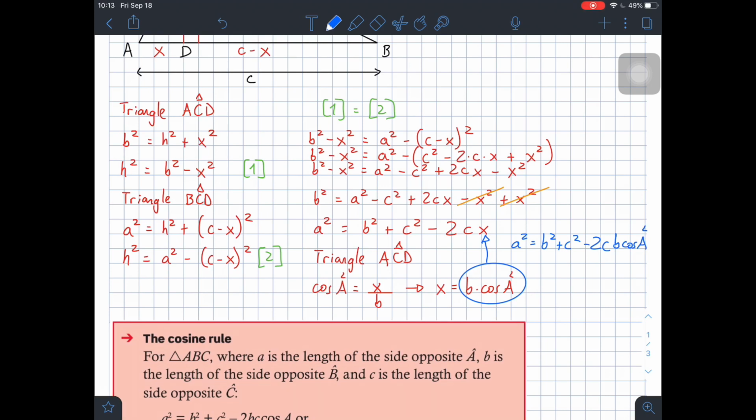So actually there you see that this is the cosine rule, right?